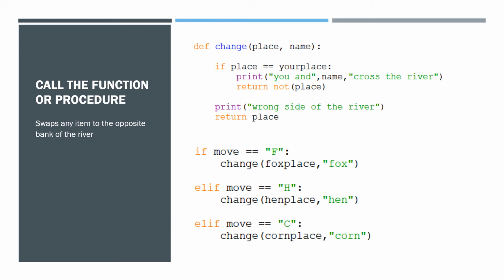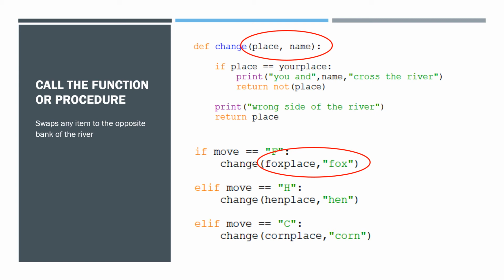The procedure is called change, and it changes the place of any of the objects in the program. The two parameters are called place and name, and both of those values are used in the function. If we call the function, we can call it with different combinations of places and names.